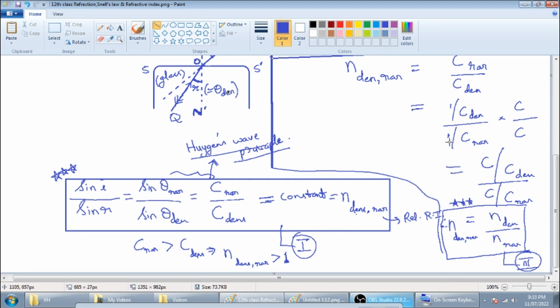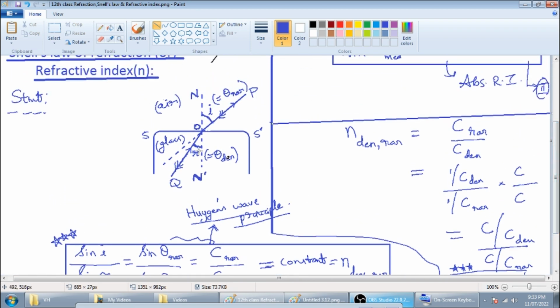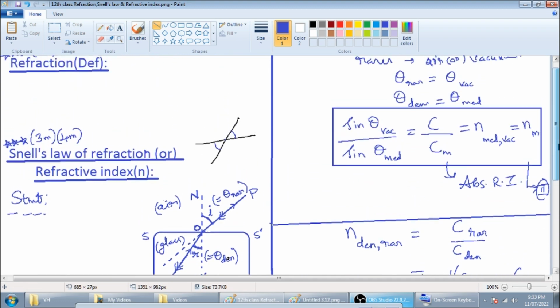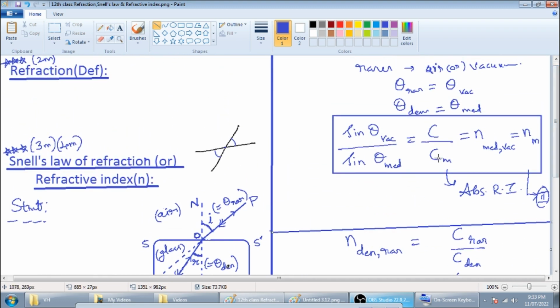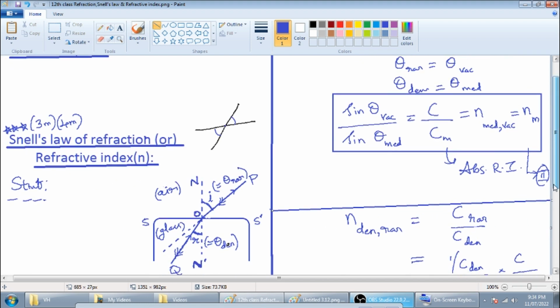The statement carries about 1.5 marks, the diagram carries about 1.5 marks, and the two big equations, many stages each, carry just 2 marks. So that is more than sufficient.